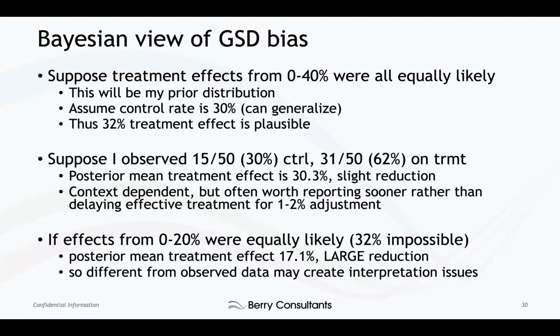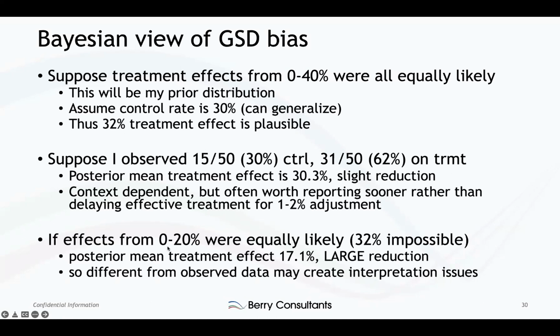If this were COVID, and I've got a 9-month trial, do I want to spend 4 or 5 months deciding whether the treatment effect is 30% or 32%? Probably that difference is immaterial. Go ahead and report the result, and just note that this may be a little bit lower.